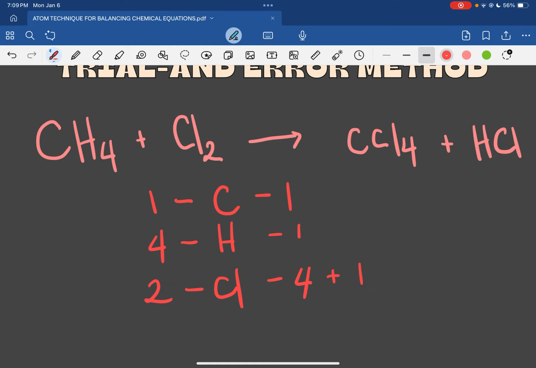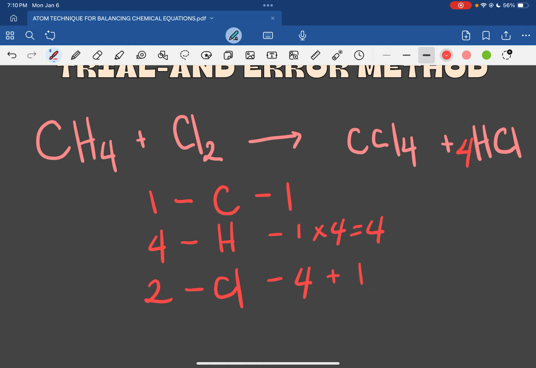So what we are going to do is guess coefficients that will somehow balance this chemical reaction. To save some time, we're going to put 4 in here to balance the hydrogen atoms.